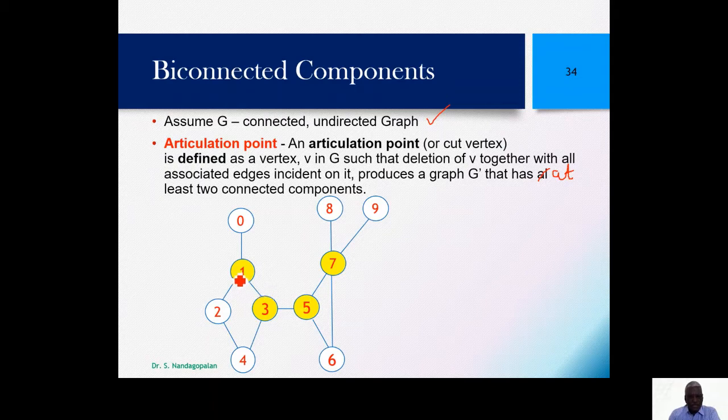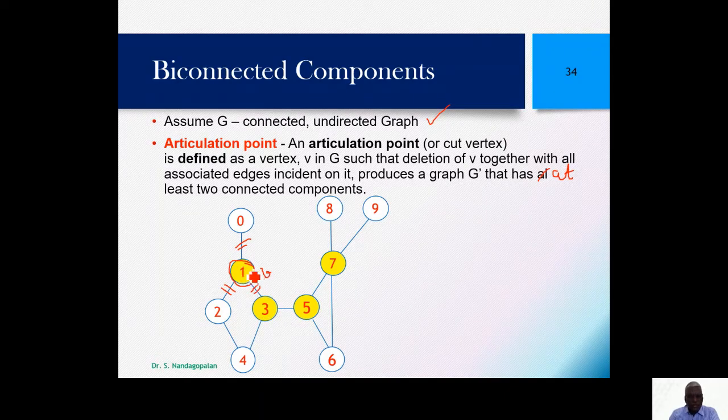So let us take the first one. The yellow shaded vertices are called articulation points, but how? So we will take this one first. Now I take this vertex and call it V and delete all the associated edges. So I delete this, I delete this, I delete this also.